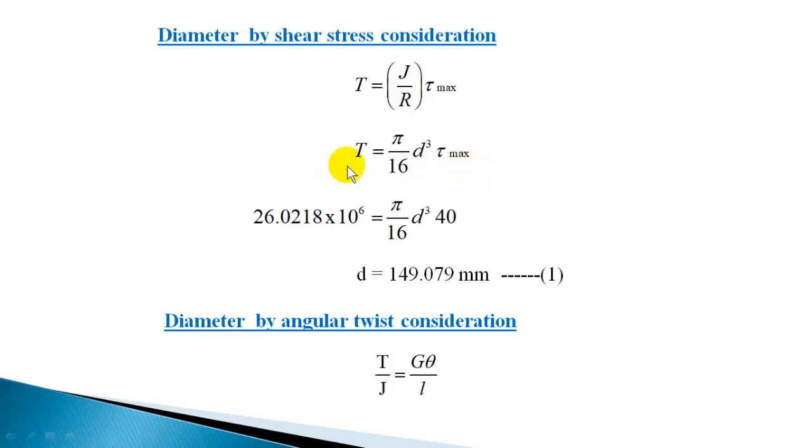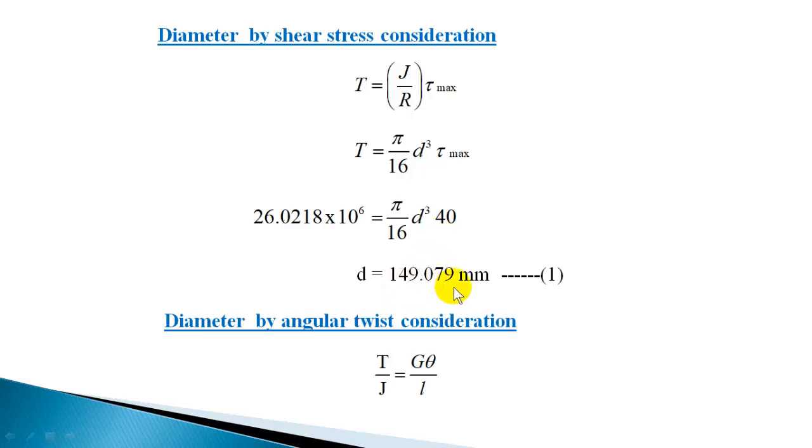The maximum torque which you have obtained, you can substitute here, and the maximum shear stress should be limited to 40 megapascal. So for keeping the maximum shear stress to 40, you should have a minimum diameter of 149.079 mm.